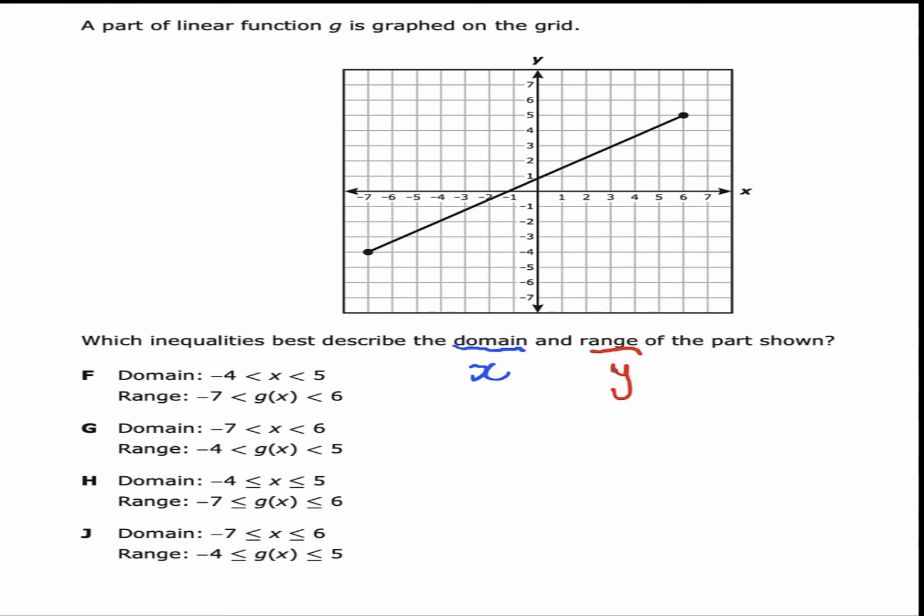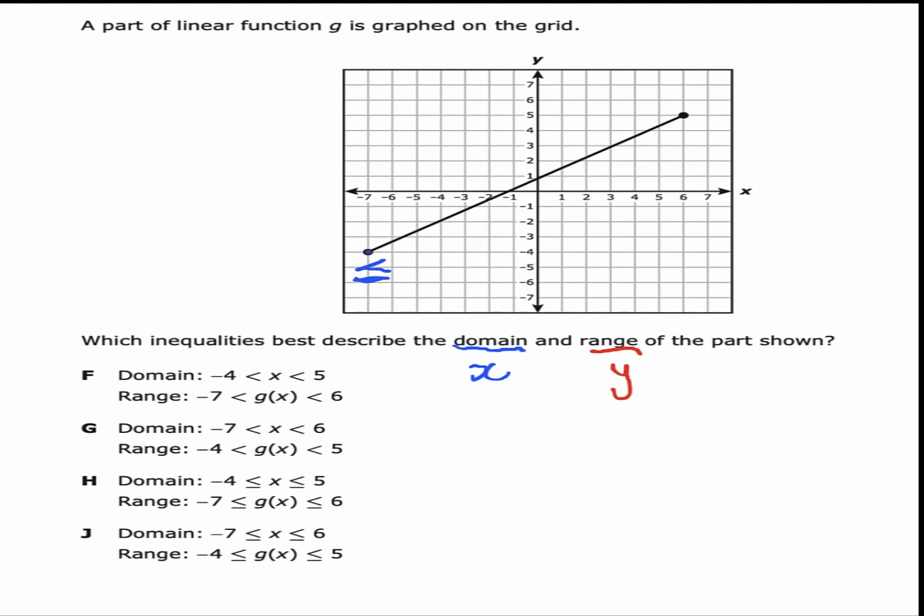So we have to find the domain and also the range. So if we start with our domain, which is on the x-axis, I notice that right here at my starting point, the circle is closed. If the circle is closed, it means that I'm going to have a less than or equals to. So I have to have that line under.